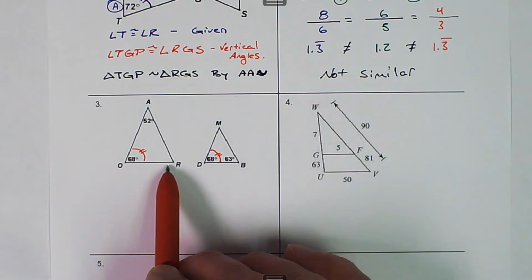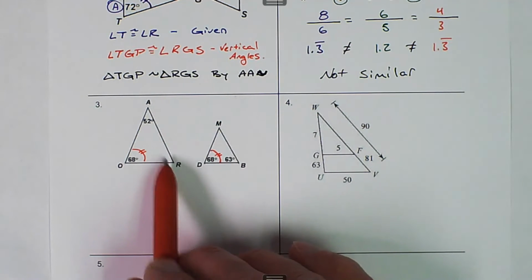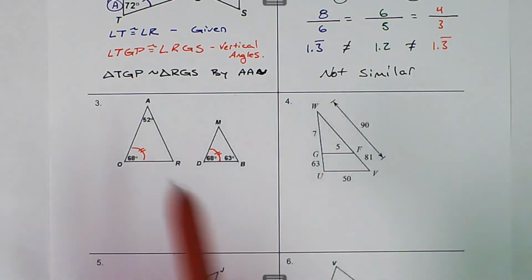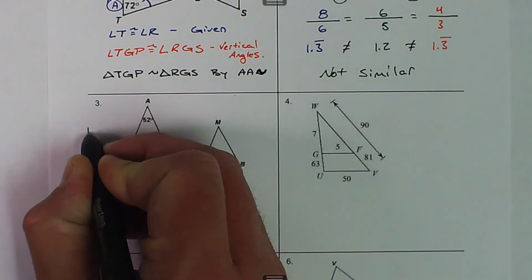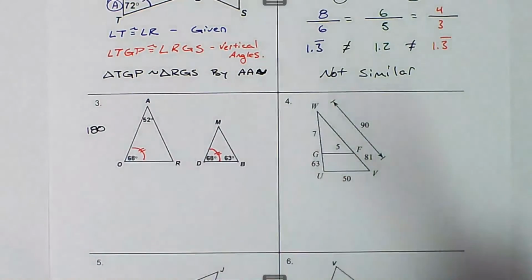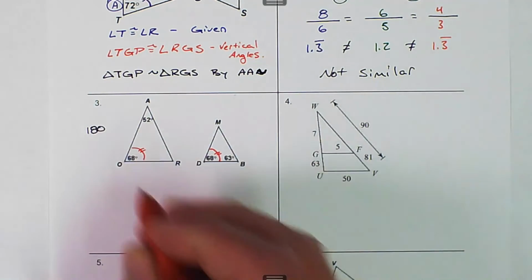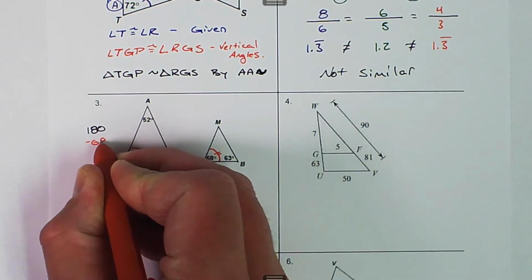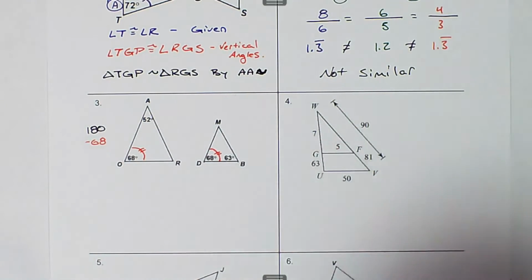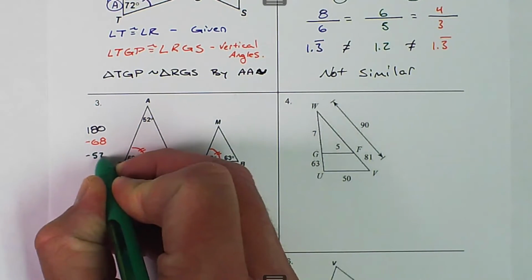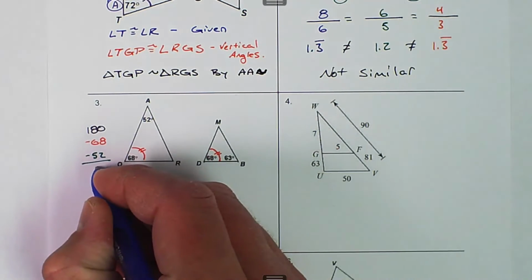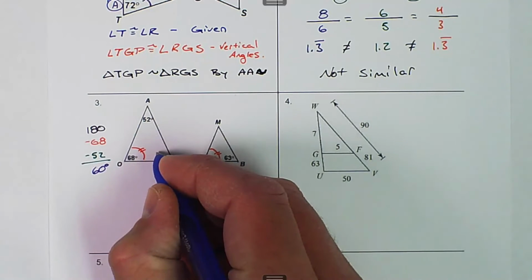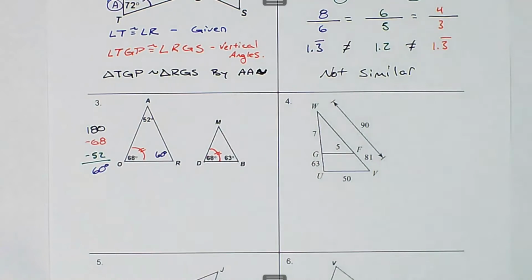In order to get the measurement of R, we know that the triangle sum theorem says that all three angles added together equal 180 degrees. So we take 180 and subtract 68 and subtract 52 and see what we have left, and that ends up being 60 degrees there.